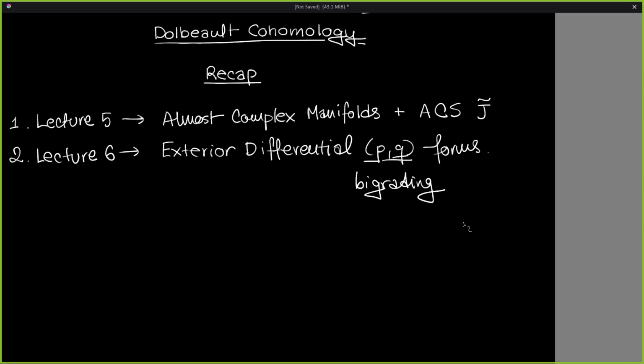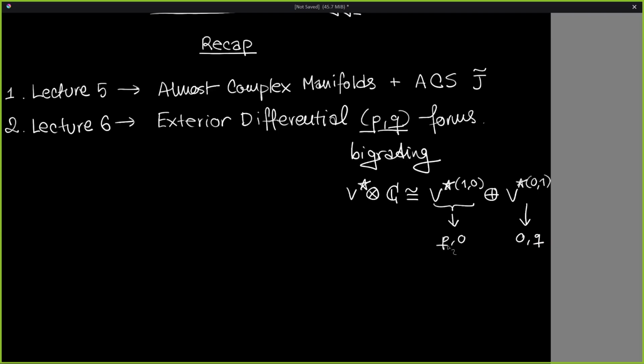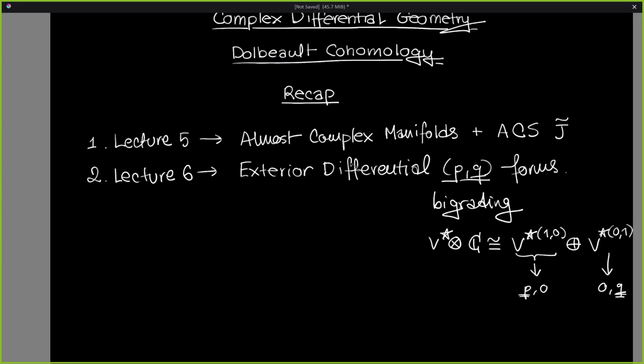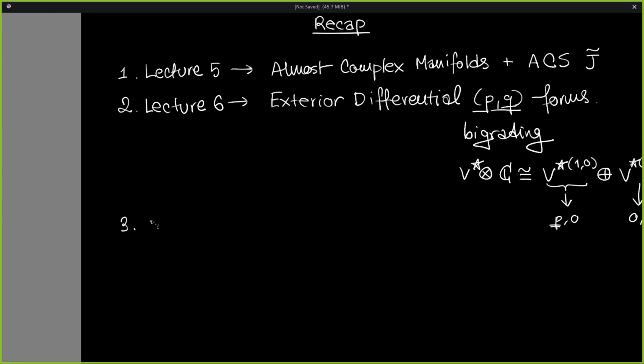Complex forms can be decomposed using the result that we got from lecture 3, which is V star tensor C is isomorphic to V star 1,0 plus V star 0,1. We then generalized this to P,0 and to 0,Q, and that gave us this bigrading. These are extremely useful.